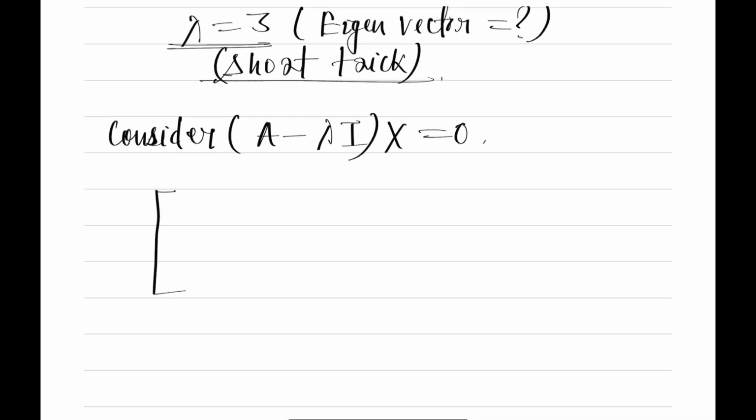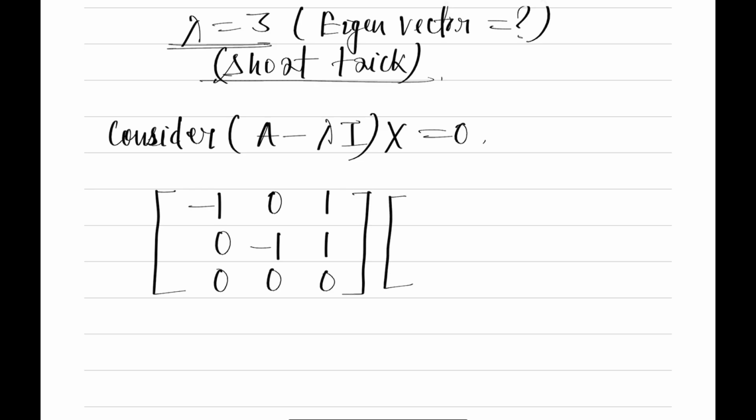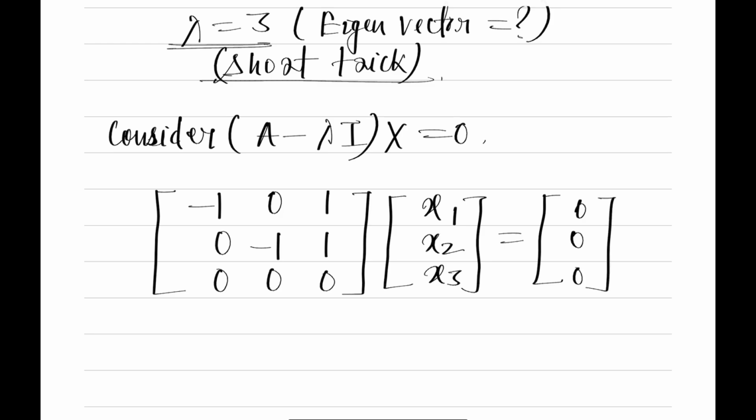Now minus 1 0 0, 0 minus 1 0, 1 1 and 0. This will be A minus lambda I, which will be multiplied by x1, x2 and x3, and which is equal to 0 0 and 0.